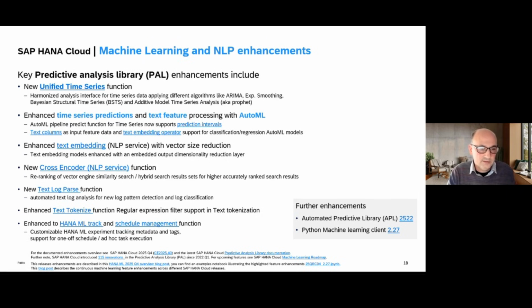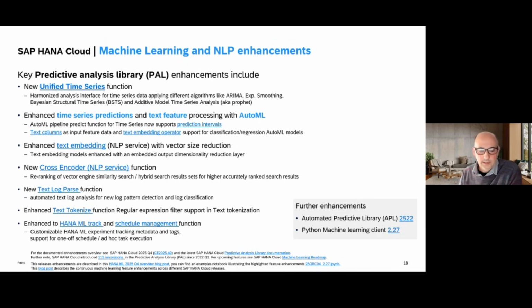In the same context, the text tokenization function is enriched with a regular expression filter, so you can filter from the identified tokens which you want to keep or which you want to drop from the token string.